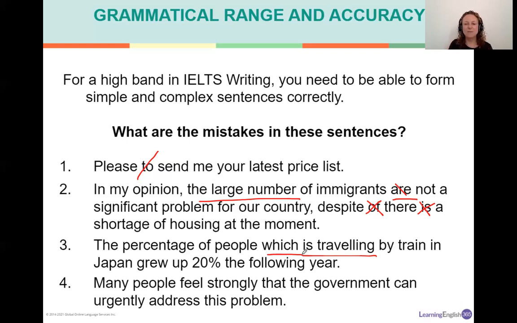So the percentage of people who travelled by train in Japan, trying to use a phrasal verb here, and it's the wrong one. You can use grew, but you would follow it with by. So the percentage of people who travelled by train in Japan grew by 20% the following year, or maybe increased by.